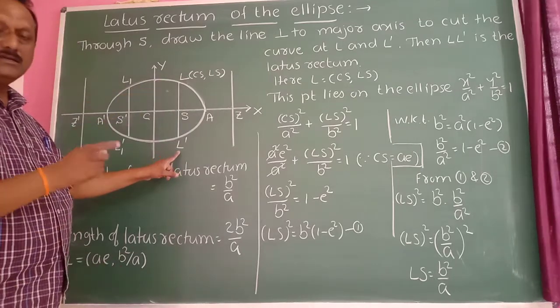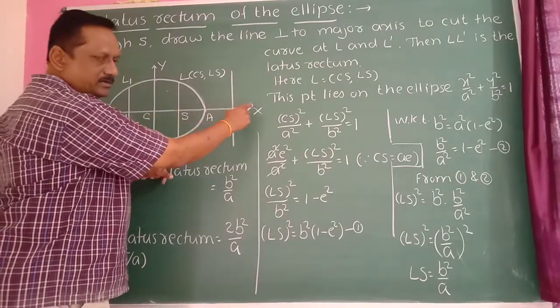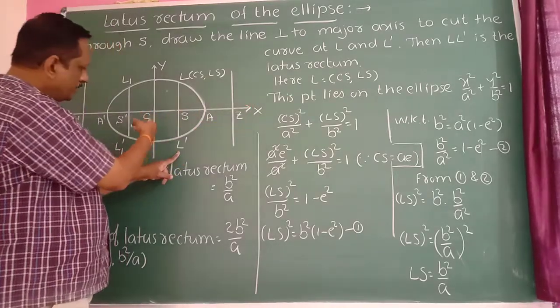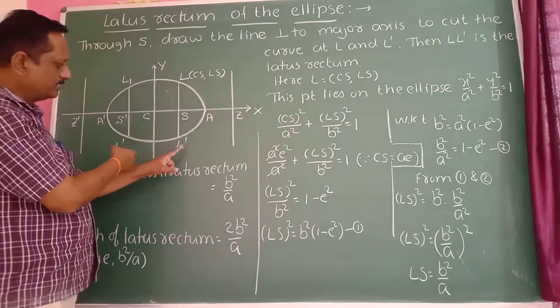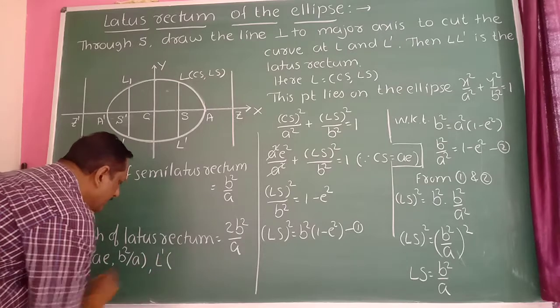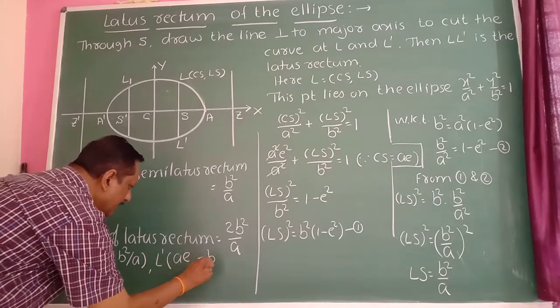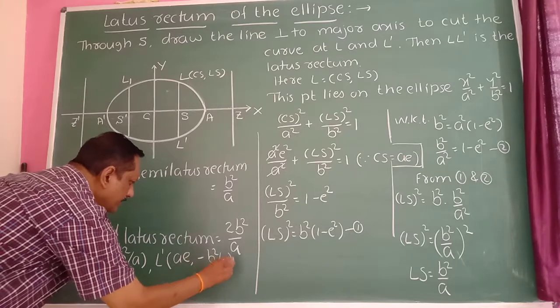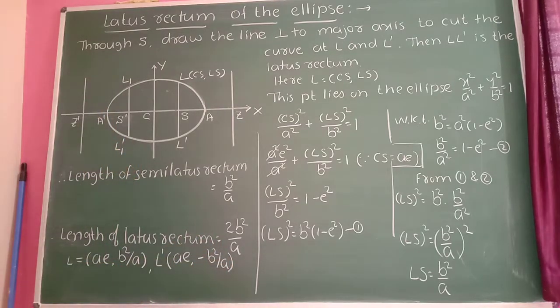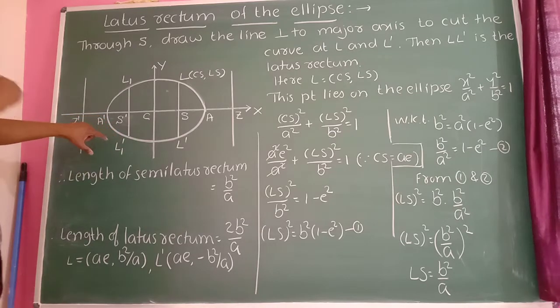L dash is in the fourth quadrant, where the x coordinate is positive and the y coordinate is negative. Therefore, L dash is AE comma minus b square upon a.